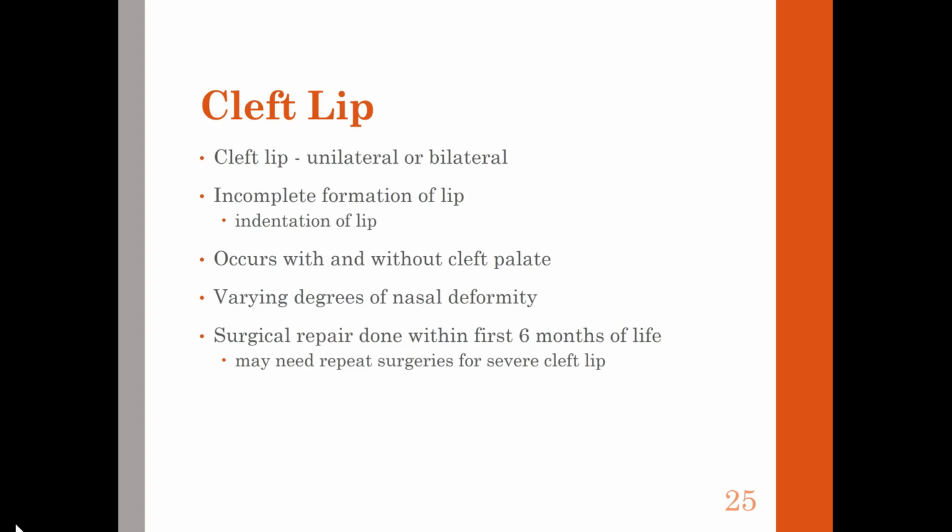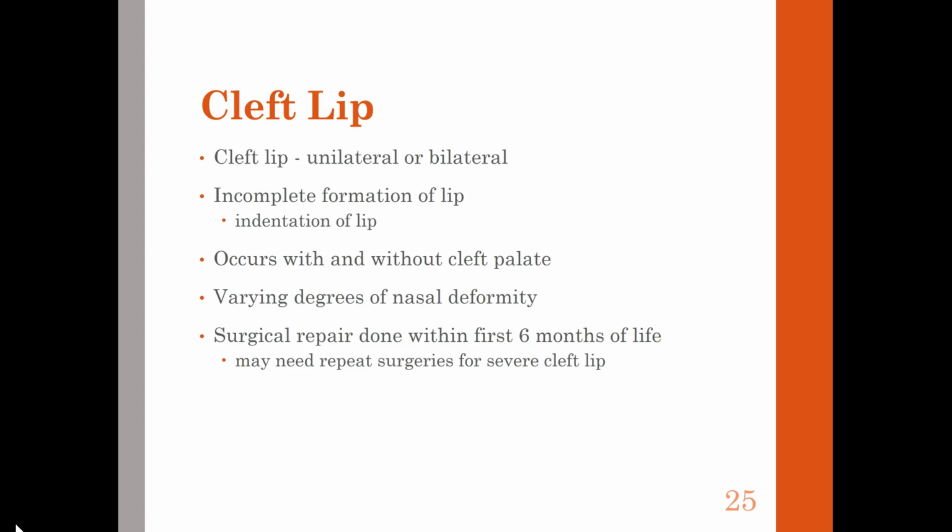So what's important is you want to see if they can even take anything by mouth. Typically the surgical repair is done within the first 6 months of life. And again, it may require several surgeries.